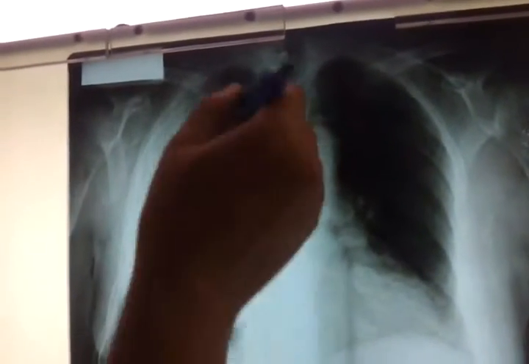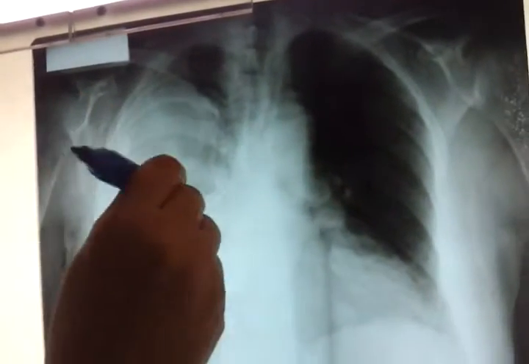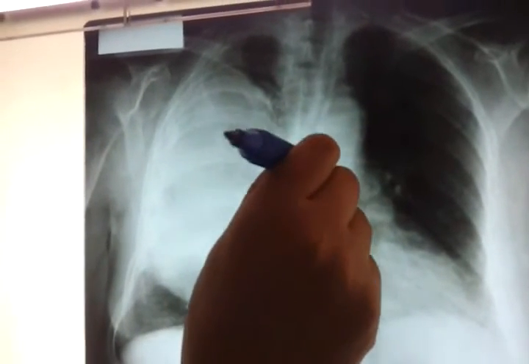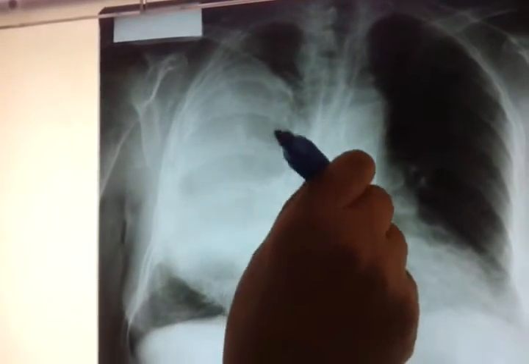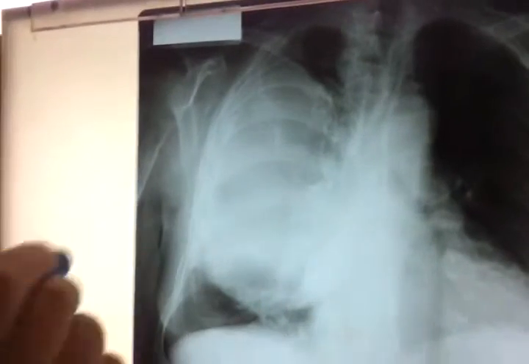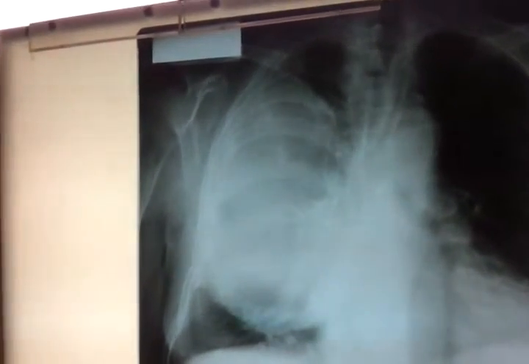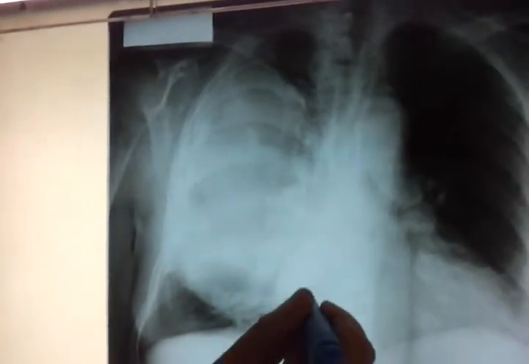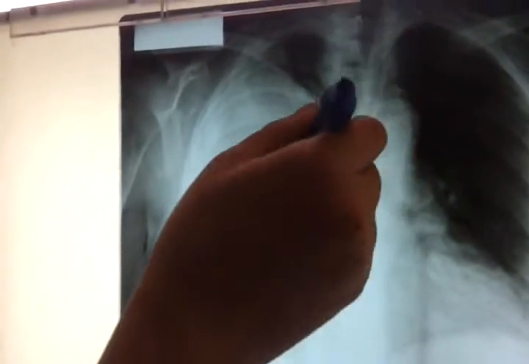If you see a big mass, might be cavitating, and the mediastinum is normal, there is no mediastinal lymph node enlargement, this is most probably what? Squamous cell carcinoma. If you see a big mass, usually central, this is squamous cell carcinoma.